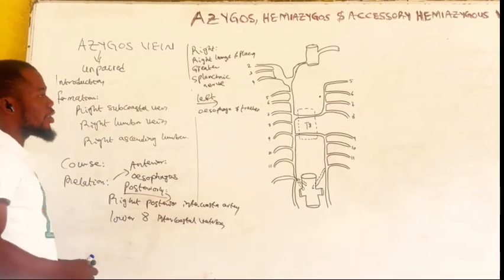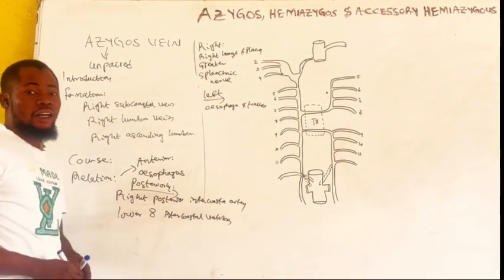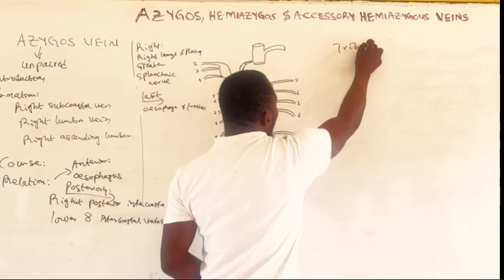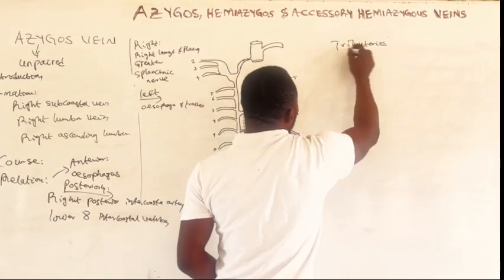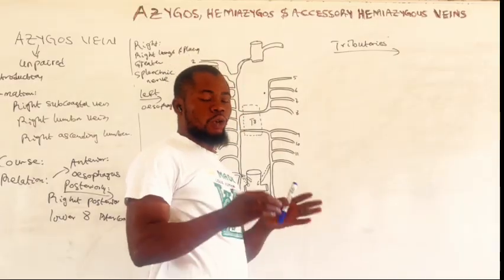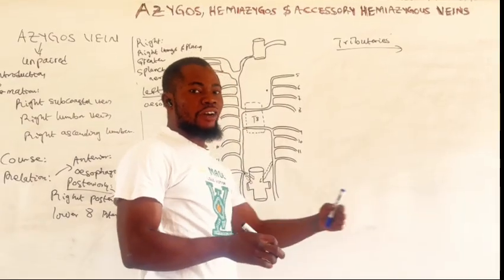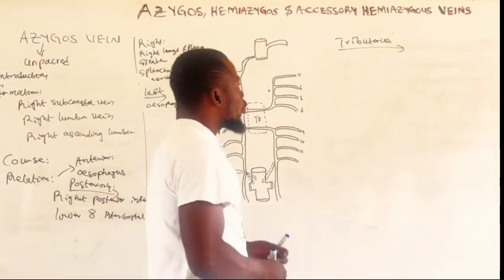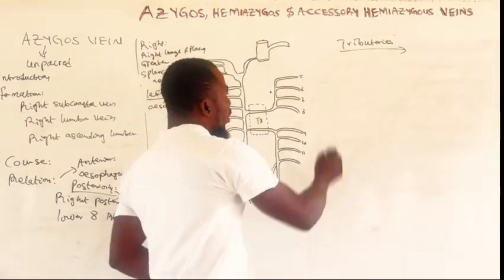Up next is the tributaries of azygos vein. We should know that the azygos vein is only located in the right side of our body. So the tributaries of the azygos vein are: 1.